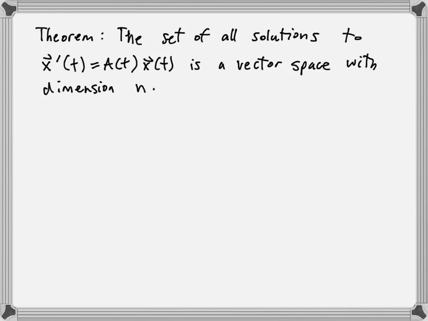Okay? This is a big deal. This is saying that they form a vector space with dimension n, which means, as we recall, that we can find a basis for it. In other words, we can find n functions that span all possible solutions.